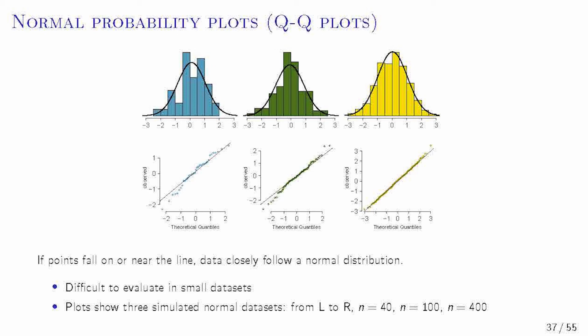The QQ plots are the plots along the bottom row there. If they follow roughly the diagonal, then it's roughly normal. It's difficult to tell on smaller data sets. On larger ones, it's easier to tell.